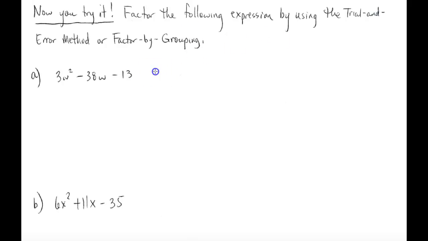All right, so now let's do some of these on our own. Here, if we start off, we know that we have plus and minus because we have minus minus here. Our 3w squared could be broken down to 3w times w. Now we're just trying to figure out the factors of 13.